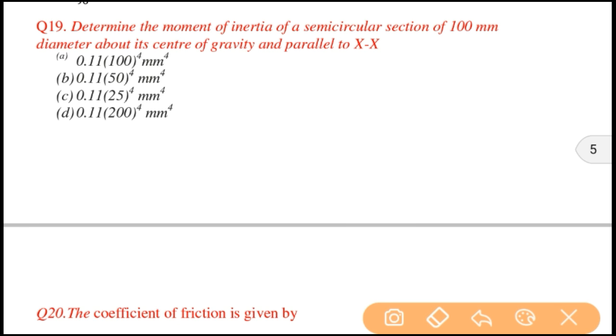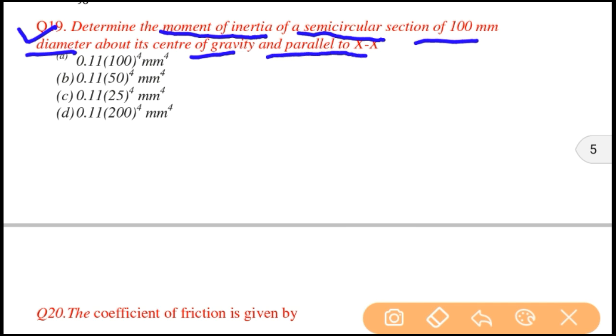In the next question, determine the moment of inertia of a semicircular section of 100 mm diameter about its center of gravity and parallel to x-axis. We have a semicircular section.